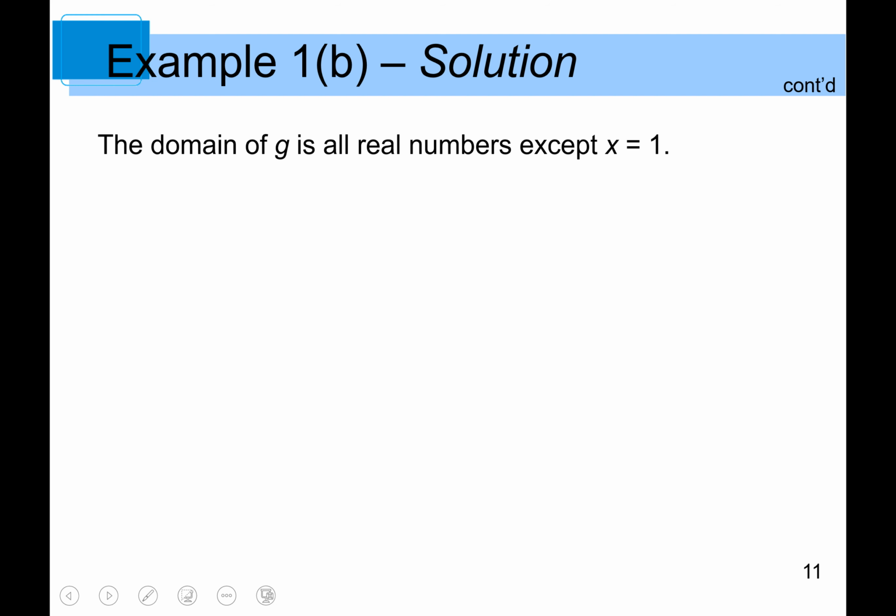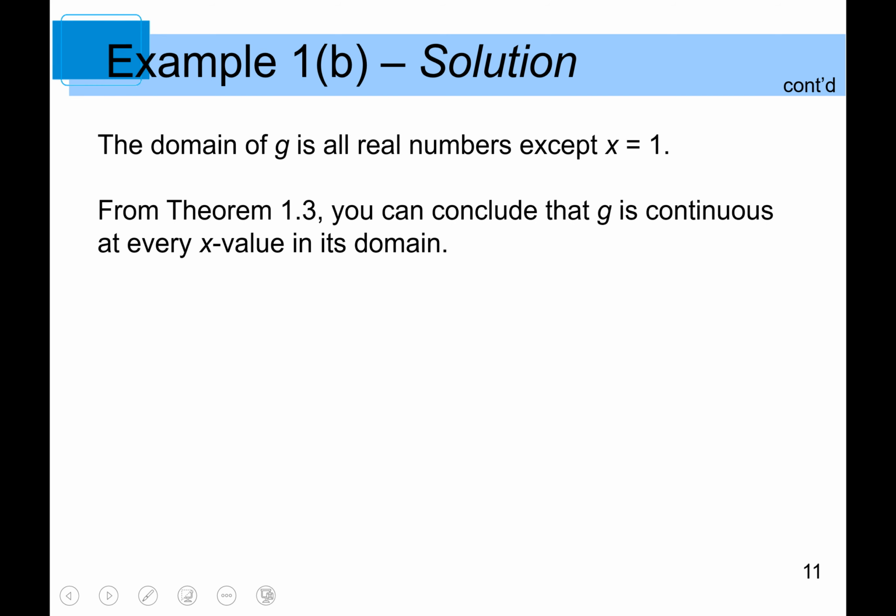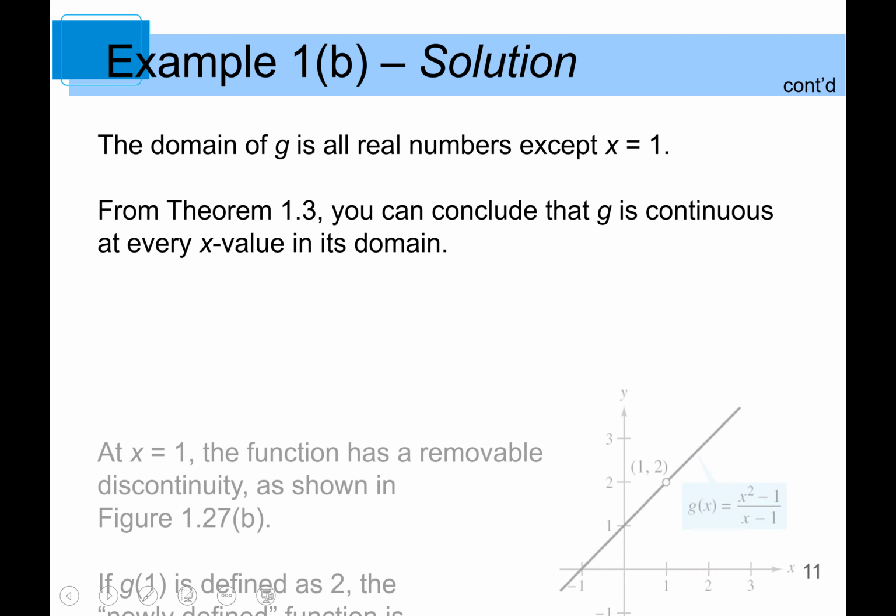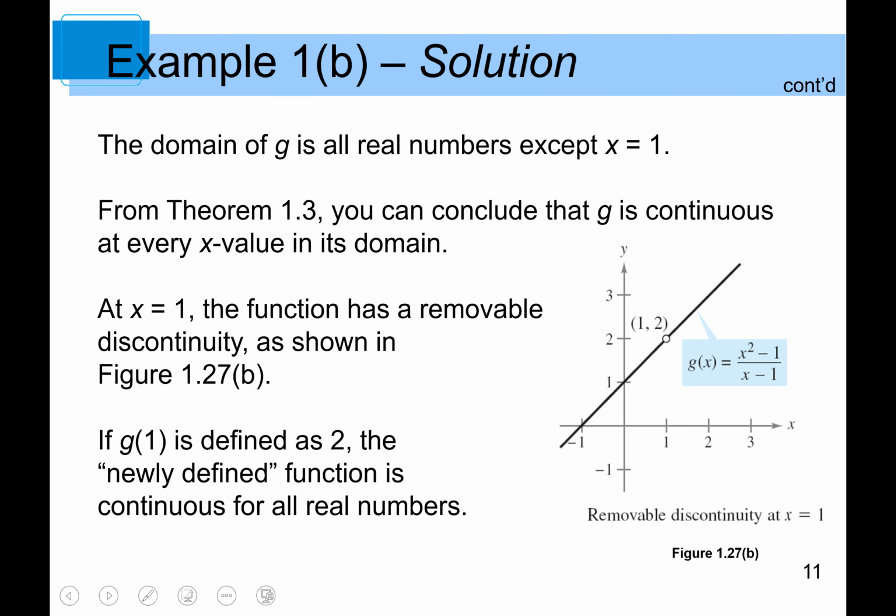Second case, domain of g of x is all real numbers except x equals 1. So as you can see, g is continuous at every value in its domain. Let's take a look at the graph. There's a hole here, but however, we can redefine that. We can basically factor the numerator.